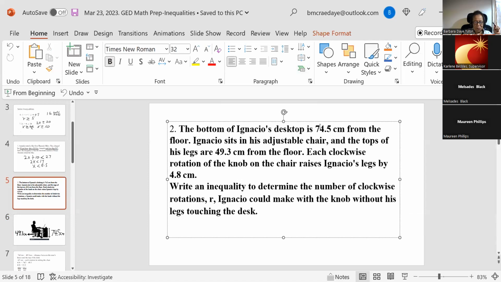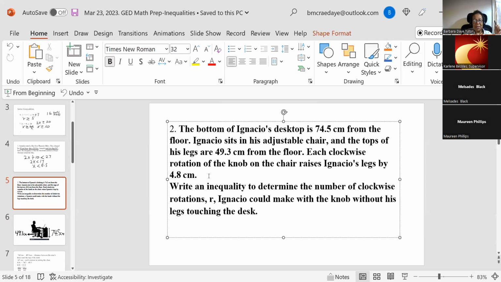Let's see. You're right, Maureen. You said subtract. 74.5 minus 49.3 would be the distance between where Ignatius' knees are now and the top of the desk. So that's what you're working with.